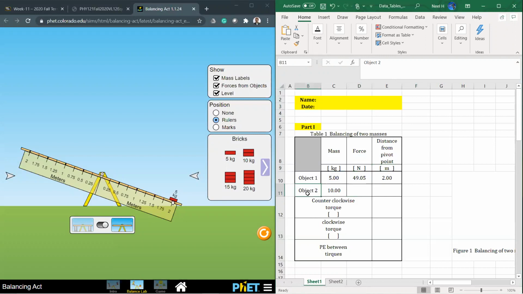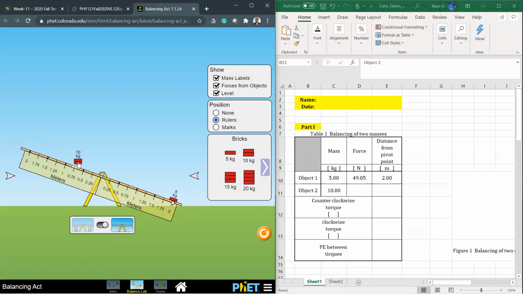And now, if I want to balance this object, I have to have another torque on the other side, right? Left-hand side, which should balance the clockwise torque here. So to do that, we'll bring the 10 kilogram mass, and then all you have to do is just find the right location, right? If you do the math, you can find the right location, or else in this case, you can do trial and error.